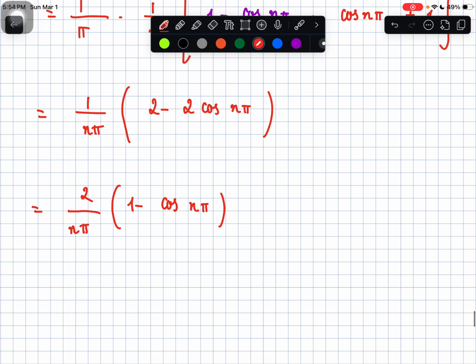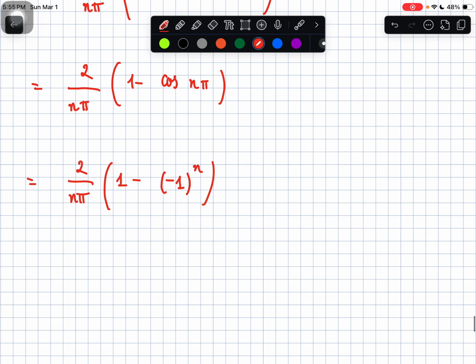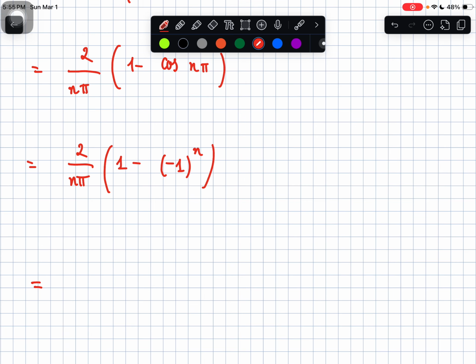This one will be plus 1, minus 1, plus 1, minus 1. So 2 over n pi, 1 minus minus 1 to the n. So for n is even, this term is 1, 1 minus 1, 0. So this is our Bn for n greater than or equal to 1.